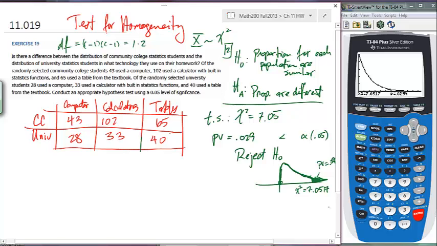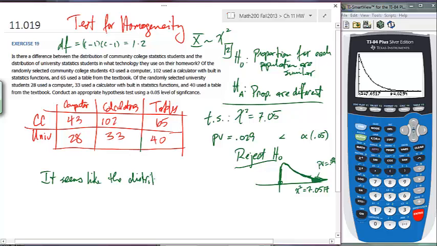Alright, we rejected the null hypothesis, so we can conclude that it looks like the proportions are different. So it seems like the proportion or distribution, let's use the words I used here. It's usually good to use the words that are used in the problem.